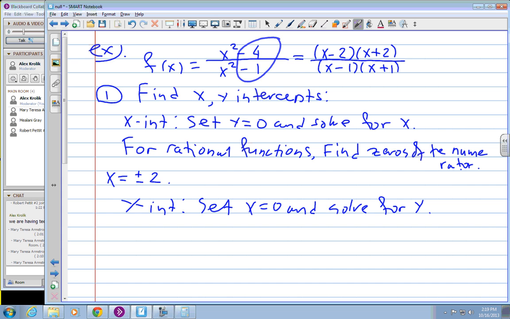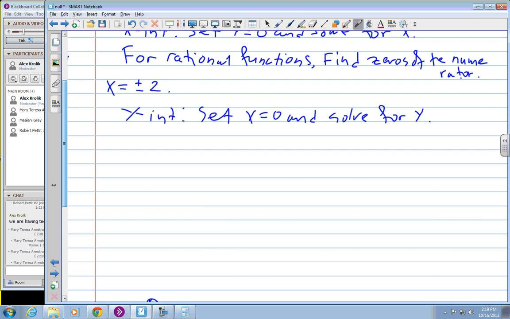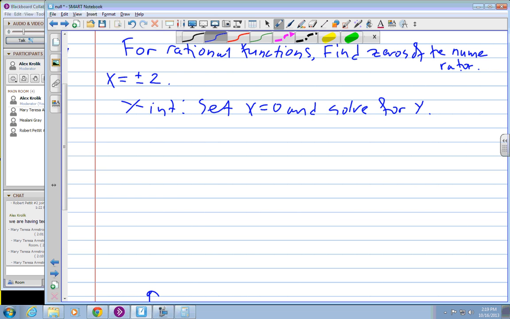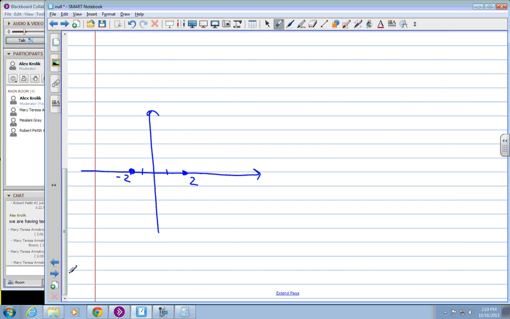So in our case, we'll get y equals -4 over -1, so 4. Y equals 4 is the y-intercept, so I can label it on my graph. Let's say that's 4.